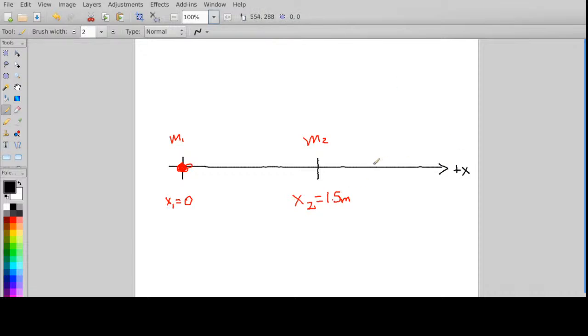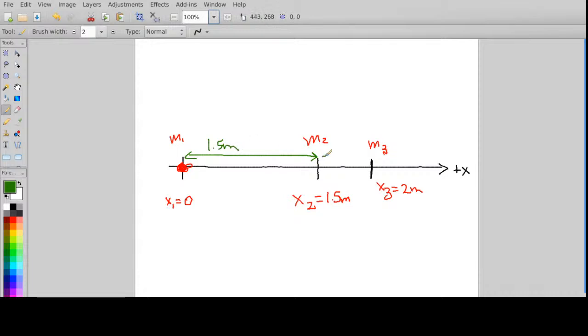If that's 1.5, then 2 meters would be somewhere right there, because it's only half a meter away. So here's M3, and it's going to be at x3 equals 2 meters. If I were to draw a distance from there to there, that distance is 1.5 meters.